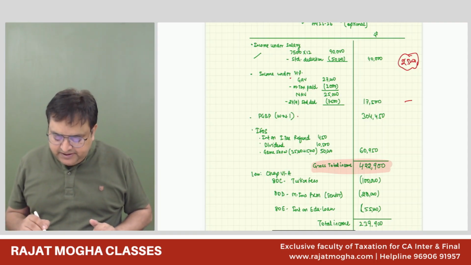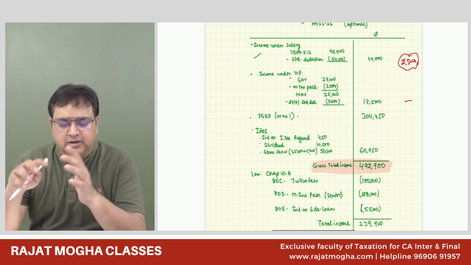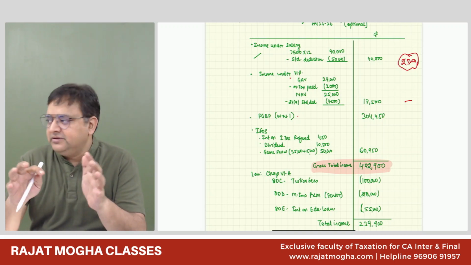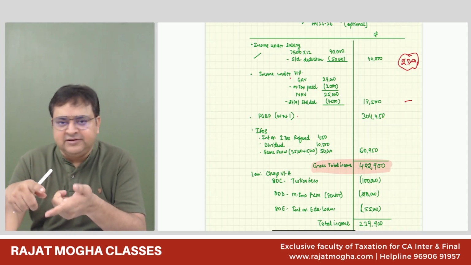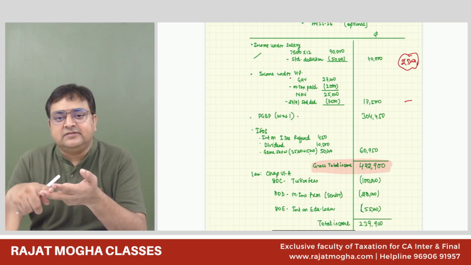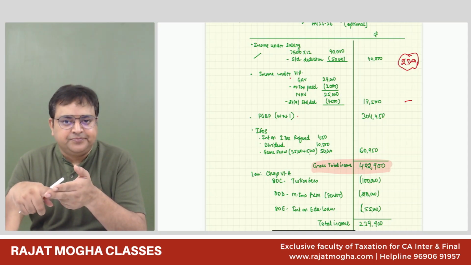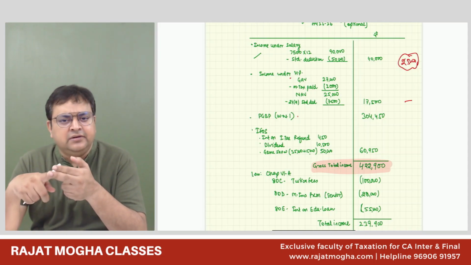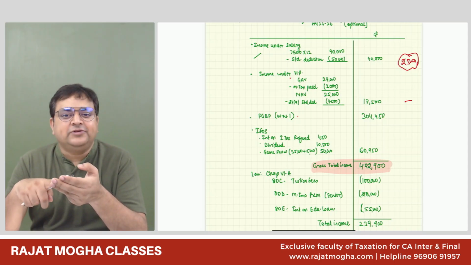In PGBP, there are only 3 changes, remember. I'm not talking about this question, I'm talking in general. One is additional depreciation, which is not there. Second is 35AD, specified businesses, that 14 businesses, hotel, hospital, etc. That is also not there. Third is outside scientific research.